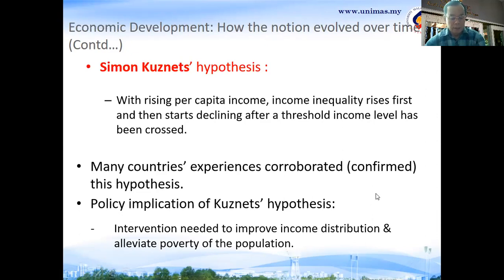So in terms of policy implication of the Kuznets hypothesis, the important thing is that if there is an intervention, the intervention needed is to improve the income distribution. Income distribution must be improved, and that will alleviate poverty of the population in that particular country.